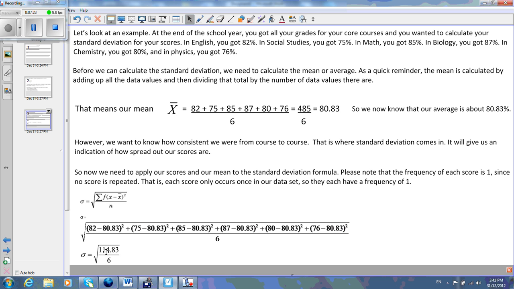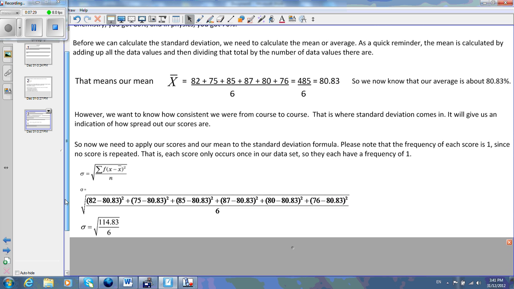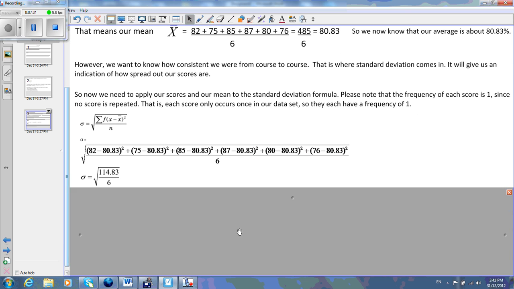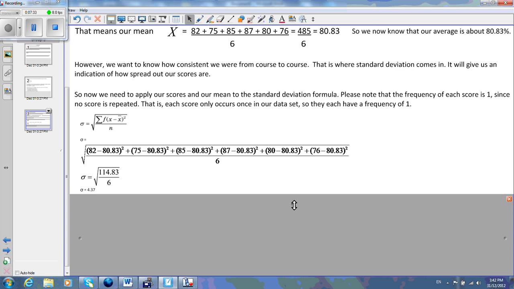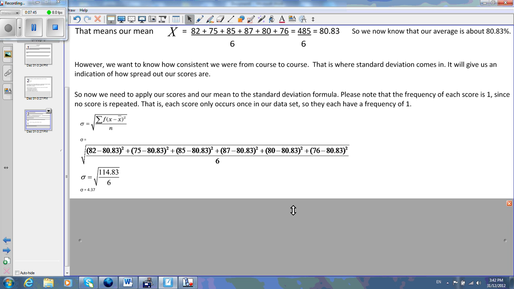And so I need to take that value, divide it by 6, and that will give me my standard deviation in the end. And that works out to be 4.37. So the square root of that 114.83 divided by 6 works out to be 4.37.